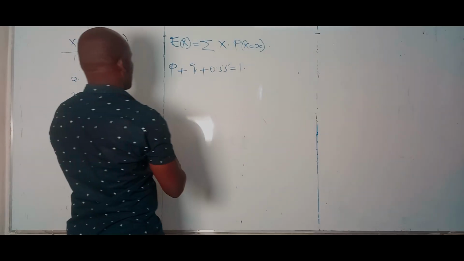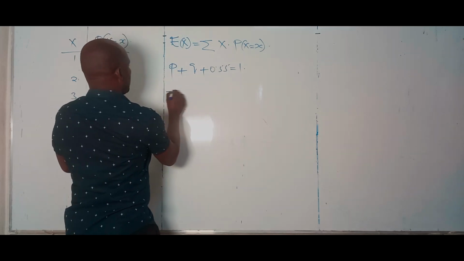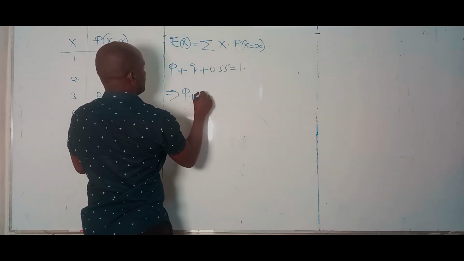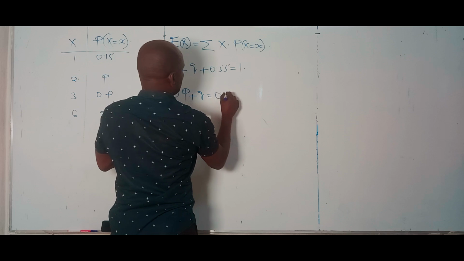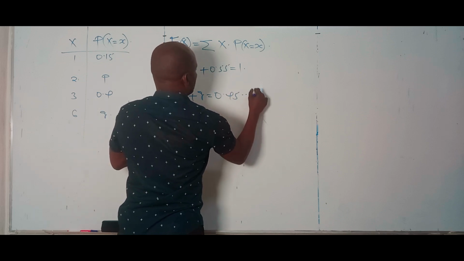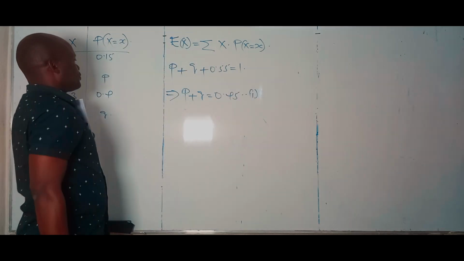So if that is so, then this should imply that p plus q alone should be 0.45. And that's my first equation.